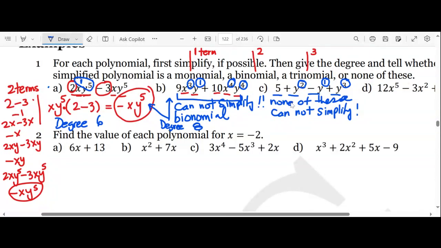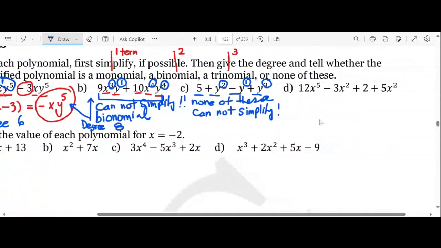Okay, next one. How many terms? 1, 2, 3, 4. 4 terms. So in this case, we say none of these. Can I simplify? Yes. I have this one and this one.